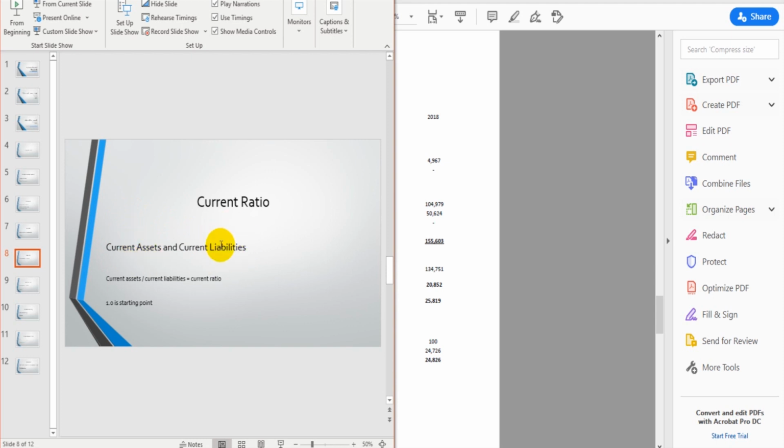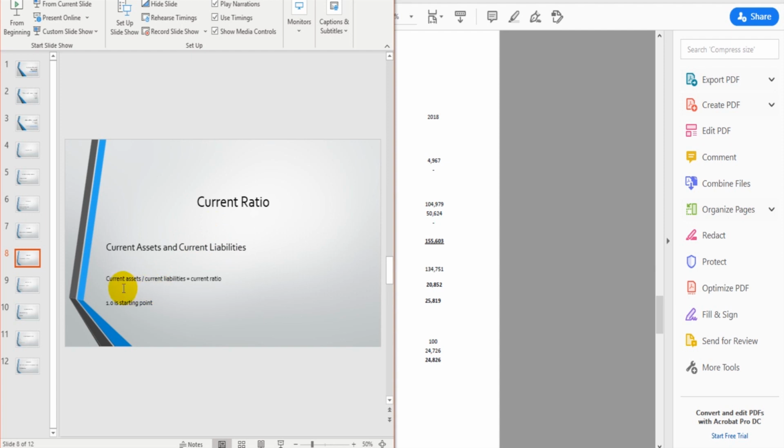So the concern with the current ratio is if the liabilities are actually larger than the assets, then the company might be struggling to meet its financial obligations, to meet its liabilities. A company always wants to have a higher amount of current assets than current liabilities.